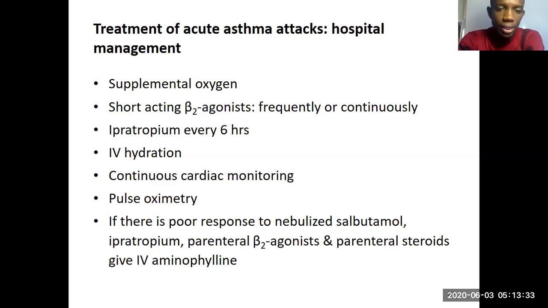Then continuous cardiac monitoring, because these fluids might just as well complicate our life in that particular area. Pulse oximetry should be continuously monitored. And then if there is poor response to nebulized salbutamol, ipratropium, parenteral beta-2 agonist, and parenteral steroids, then give intravenous aminophylline.